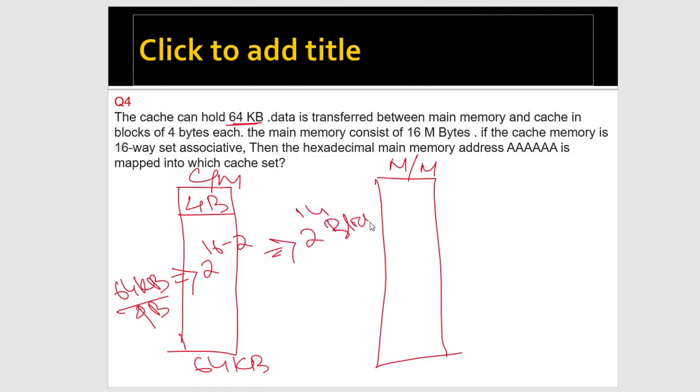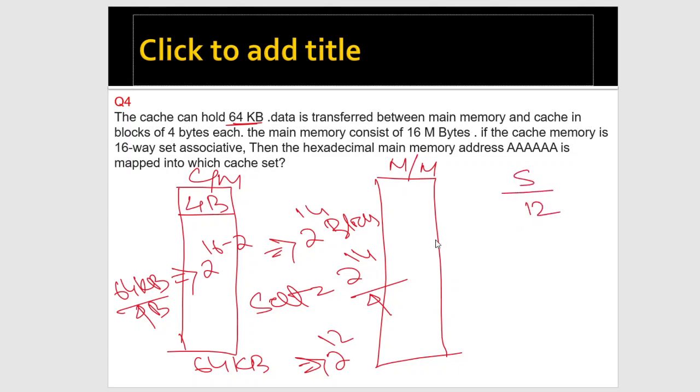These are the blocks, and with 4 blocks per set, the number of sets is how much? 2 to the 14 by 4, so it will be 2 to the 12. So my set will be 12 bits, and my W will be 4 bytes, meaning 2 to the 2, so 2 bits. This is the information I have got. And what will be my tag size? I have to check the tag size.